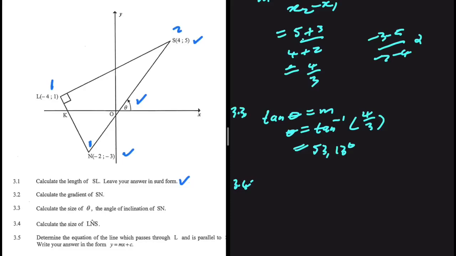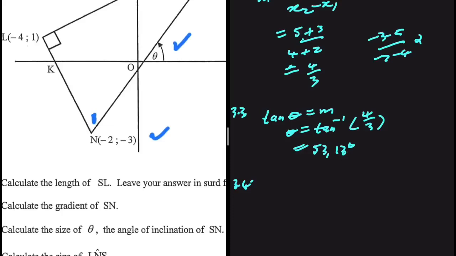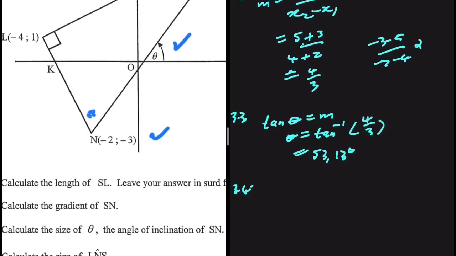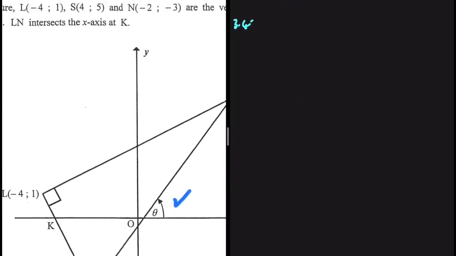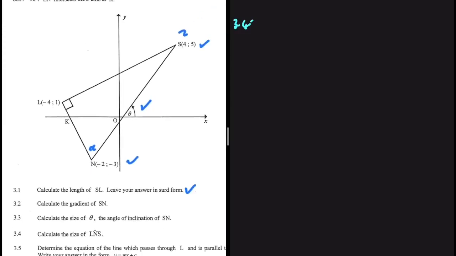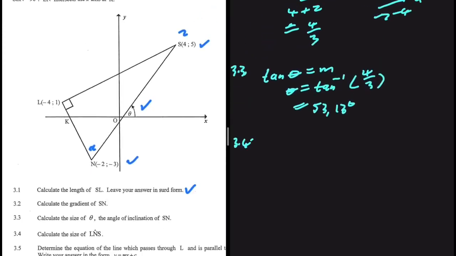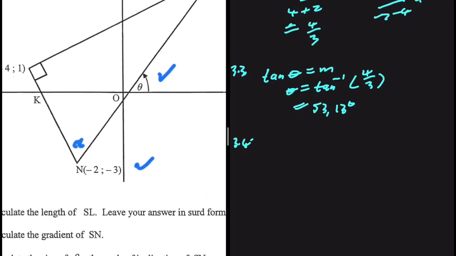Let's take a look at 3.4. We're interested in the size of angle LNS. Let's go ahead and denote that we have this angle LNS. Okay, how can we possibly find that angle? Well, in the question above, I was calculating theta. So let me see if I can use theta to get to angle alpha, which is LNS in our case, okay?